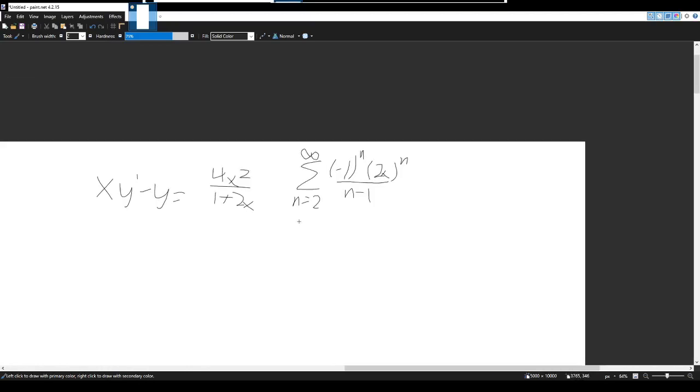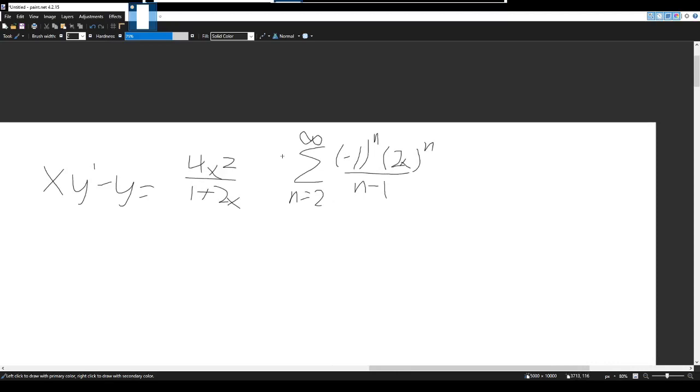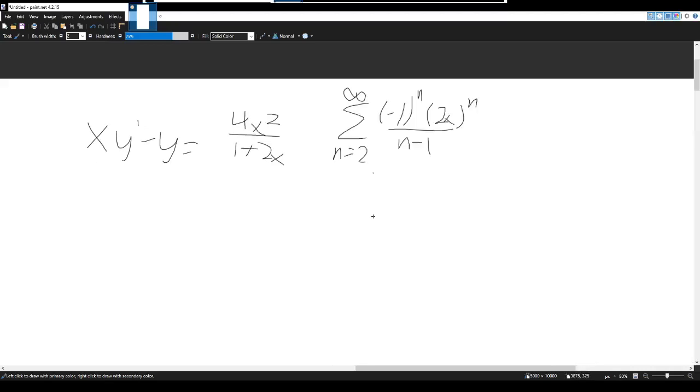Okay, so let's just start playing around and start listing out the first terms. It starts at 2, so let's say n equals 2. That would be negative 1 to the 2, that's just 1, times 2x to the 2 minus... 2 minus 1 is 1. So basically just 2x squared, which is going to be 4x squared.